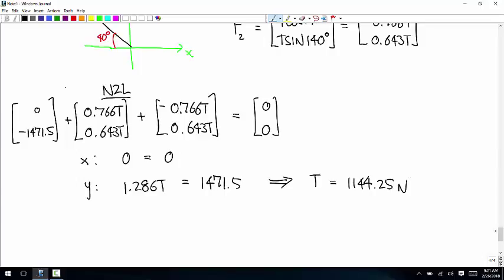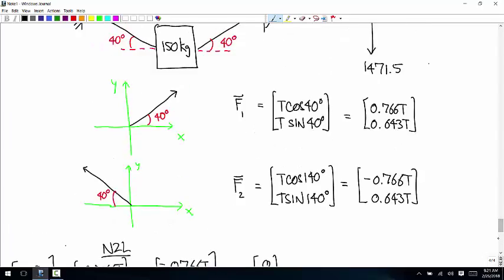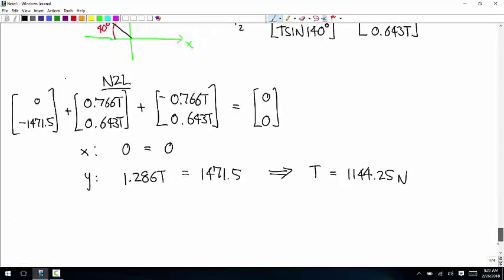And so then the force vectors, if it asks for the vectors, plug that back into these force vectors you calculated before in terms of T, and you get the components. So that one, if you let your fight or flight response kick in looking at the problem, then nothing happens.